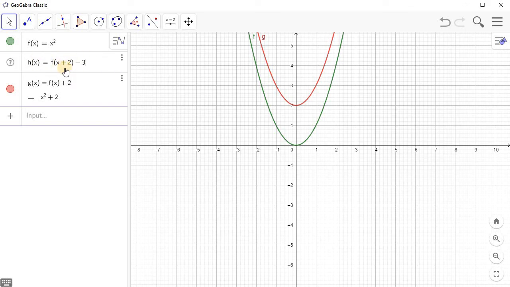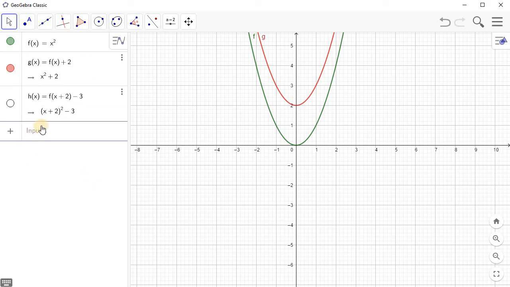So what is this going to do? Well, the plus 2 is going to shift it to the left 2 units and down 3. So let's hit enter. Oh, I got it hidden. You see there? So you see the plus 2 and minus 3, it shifted it to the left 2 units and down 3 units.